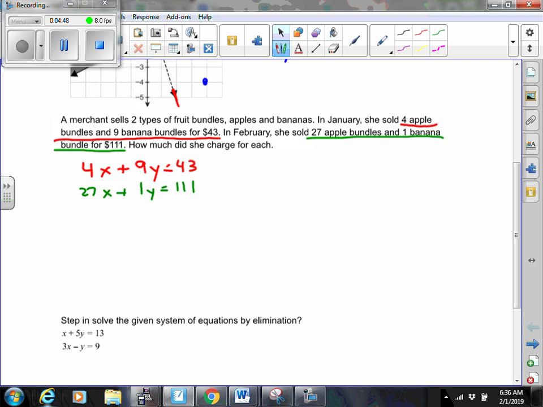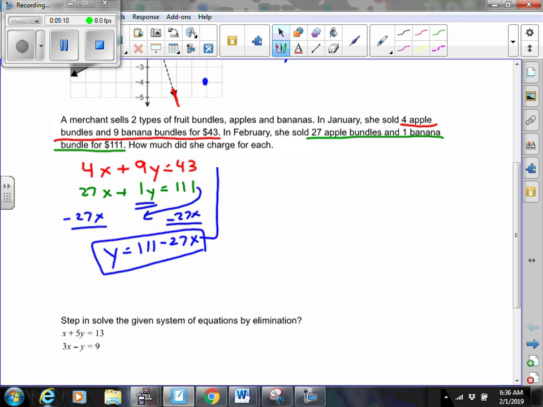So to substitute, I'm going to take this equation here, which looks the easiest to solve, because I can get y by itself real easy by subtracting 27x from both sides. That would give me y equals 111 minus 27x. Once you have this, I'm going to box it, and I'm going to bring it up here and plug it into this equation.